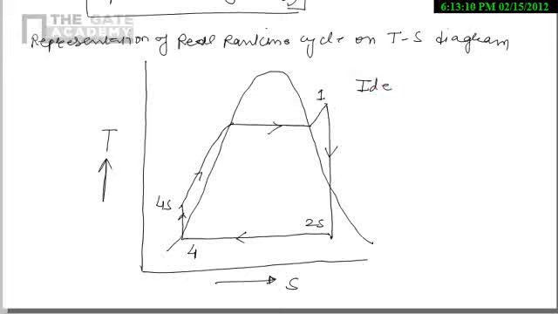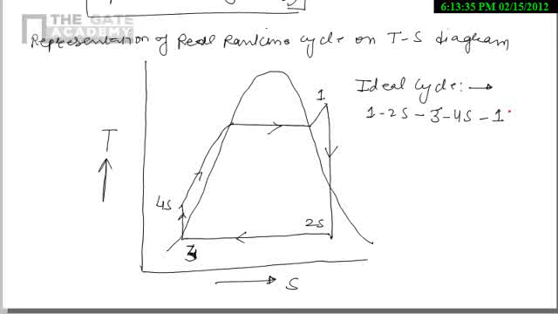Sorry, this one is 3. Ideal cycle representation will be 1, 2s, 3, 4s, 1.